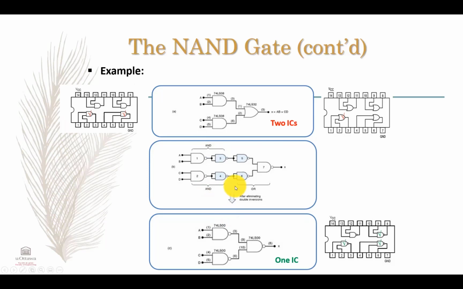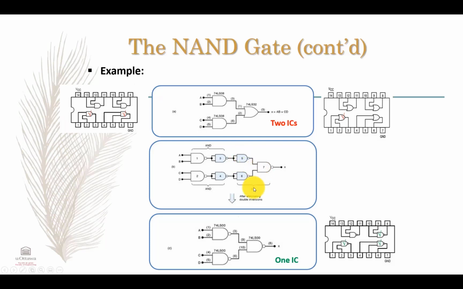However, I can implement that circuit by using NAND only. Just remember, a NAND gate whose output is complemented is equivalent to an AND gate. As such, those ICs for an AND can be replaced with an IC with a NAND. On the other hand, an AND gate with complemented inputs acts as an OR gate.